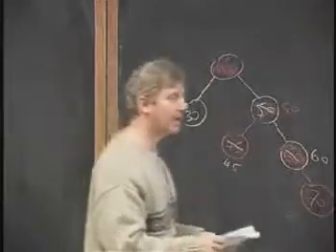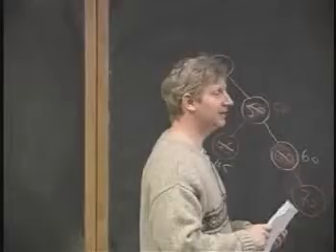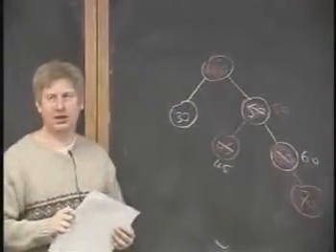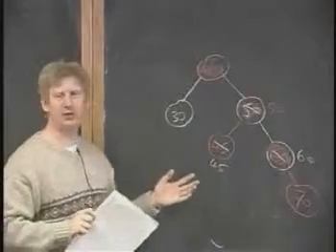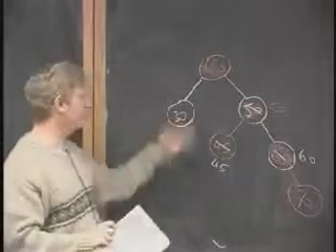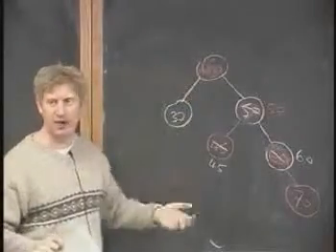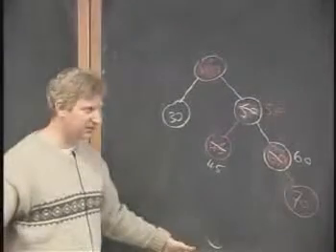Don't you normally keep the root colored black? Always? Heather's made a very good point. And here's a question that could be a short answer question on an exam. If you take a red-black tree and the root's red, and I change the root to black, is it still a red-black tree? Of course. Yes, because it doesn't change any of the black distances.